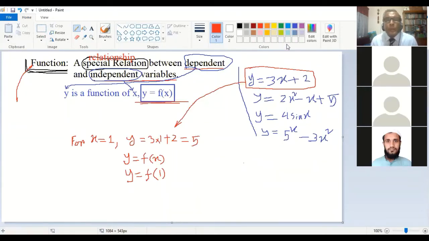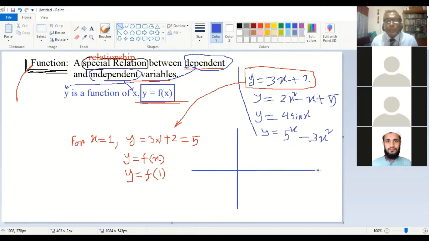Yes, sir. Okay. Then what will happen if you draw the graph of y equal to 3x plus 2? Who can say what the graph of this is?